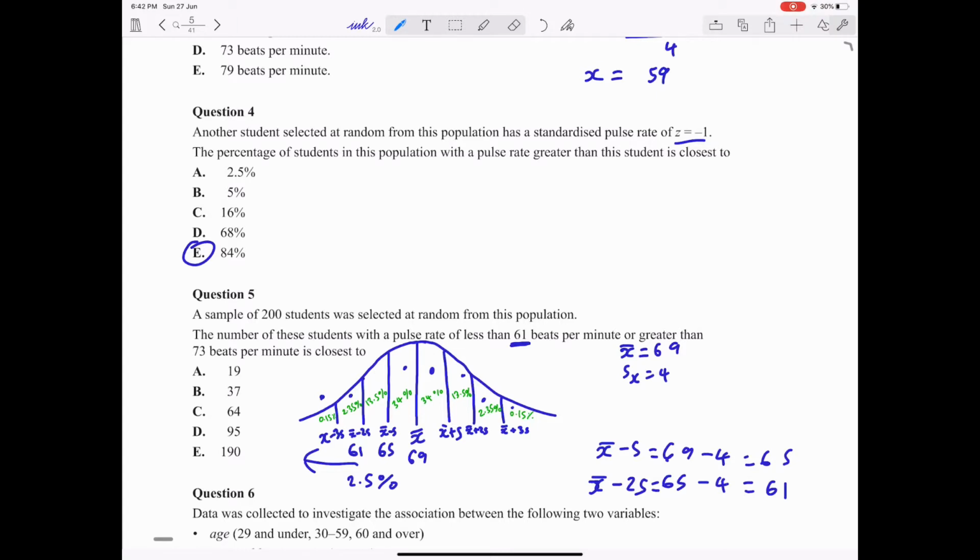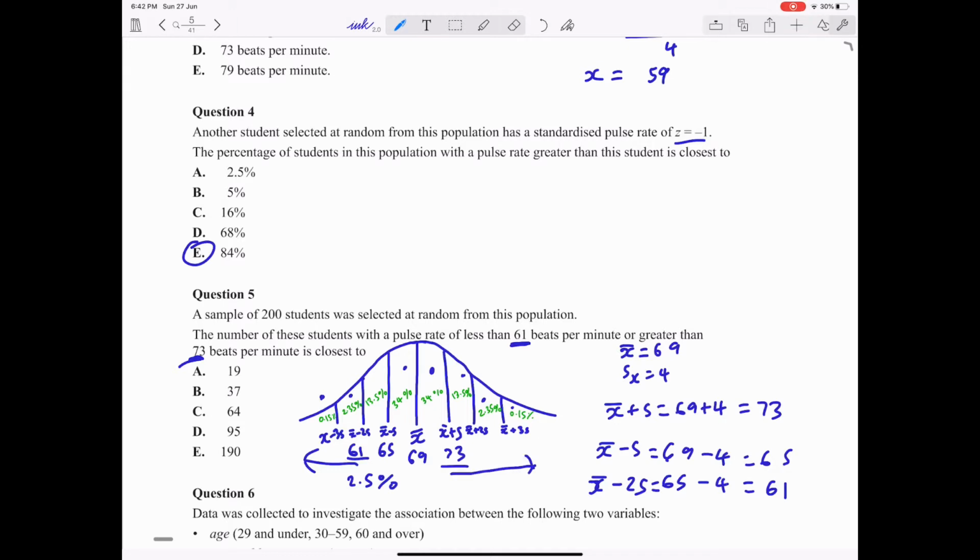And we also want to find the number of students with a pulse rate greater than 73 beats per minute. So if we find one standard deviation above the mean, that'd be 69 plus 4, which is 73. So we know 73 beats per minute is one standard deviation above the mean.